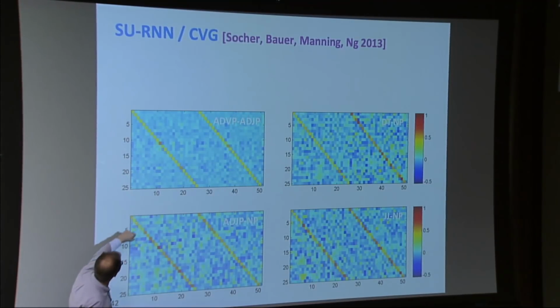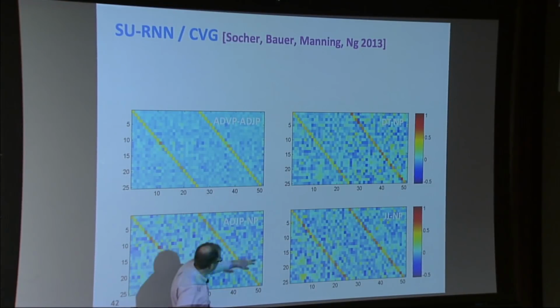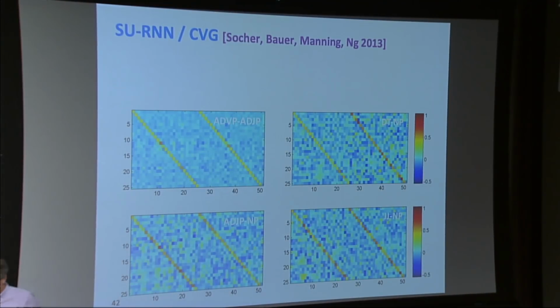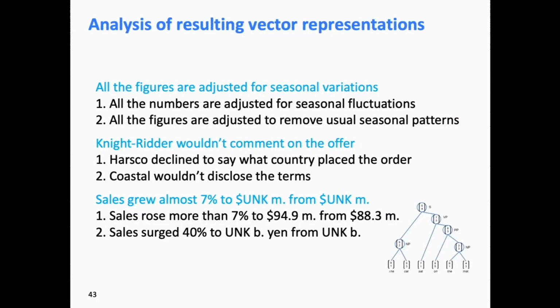So dimension 6 and dimension 11 show up in these different combinations as capturing meaning components. So that was kind of neat. And so this slightly more complex model actually worked pretty well at capturing the meaning of phrases and sentences.